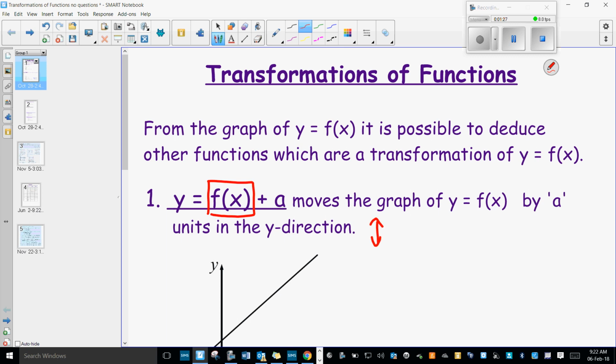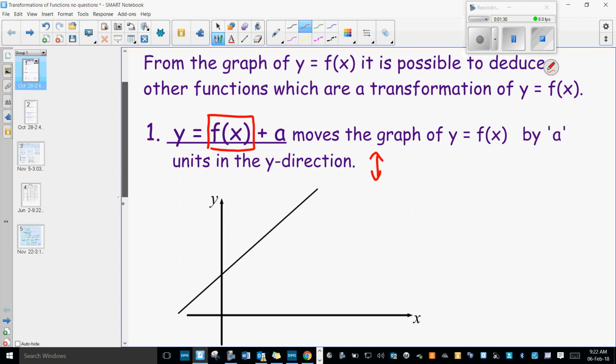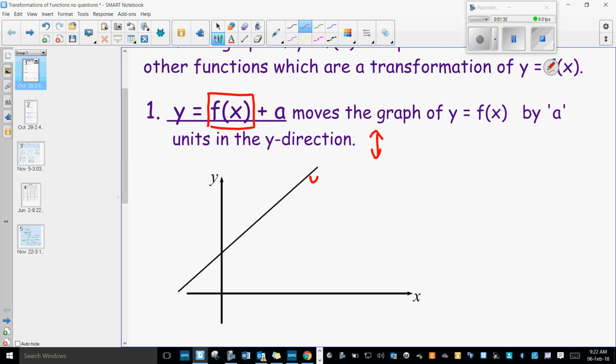So here I've got my basic function y equals f(x). If I had y equals f(x) plus a, oh, that's not very good, is it? But you know the idea. So this value here would be a. Now what do I know about a here? Because it's actually gone down.